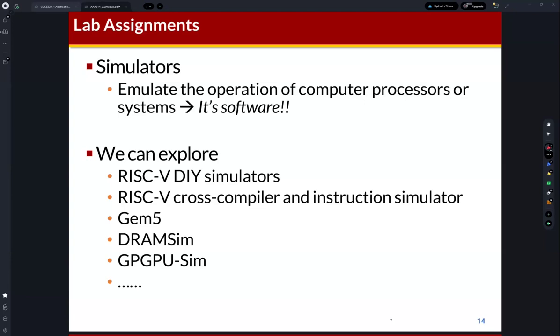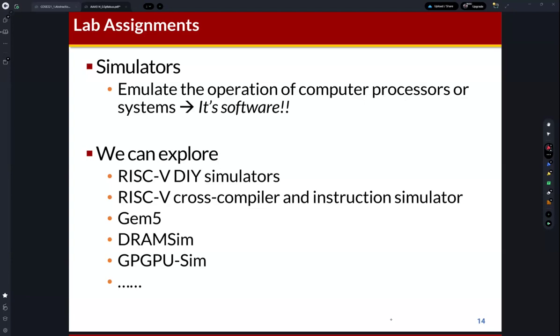I hope in this course we can explore several architectural simulators. That's why I will provide some lab assignments. Okay. Some expected assignments are like RISC-V do-it-yourself simulators. What does that mean?